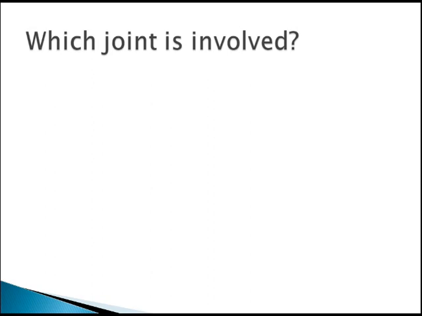On the other hand, if only one joint is involved, think of osteoarthritis. The most common site is the knee, so remember that. Then gout, pseudogout, septic arthritis, trauma, and bleeding into joints like hemarthrosis.